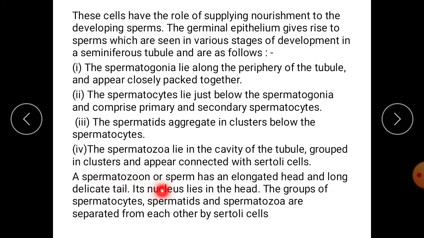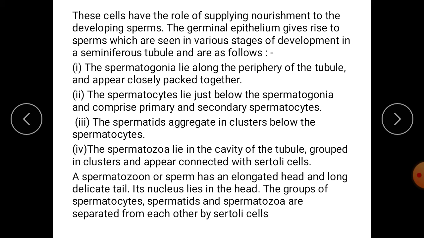A spermatozoon or sperm has an elongated head and long delicate tail. Its nucleus lies in the head region. The groups of spermatocytes, spermatids and spermatozoa are separated from each other by Sertoli cells. See the details of spermatogenesis that you have already studied: the spermatogonia become primary spermatocytes. Primary spermatocytes enter into meiotic cell division.